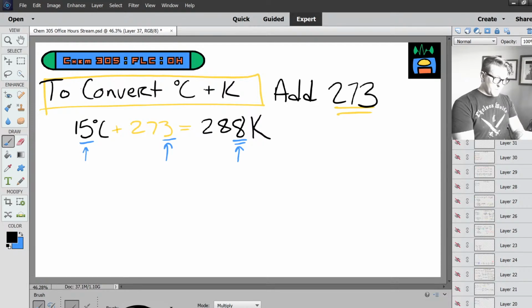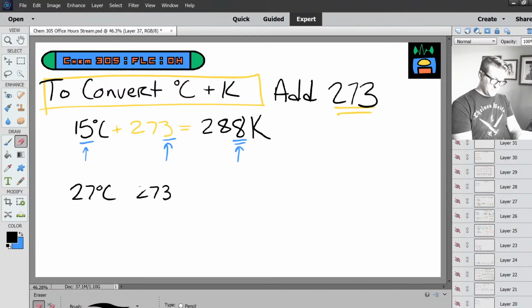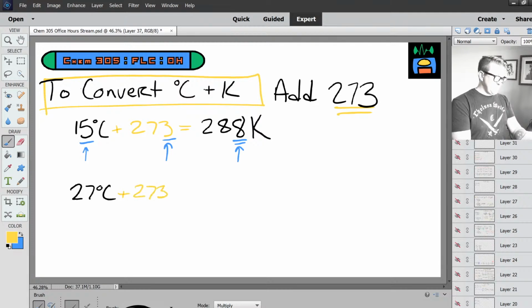But watch what happens when you convert 27 degrees Celsius to Kelvin. 27 plus 273 is, the value is 300 Kelvin.